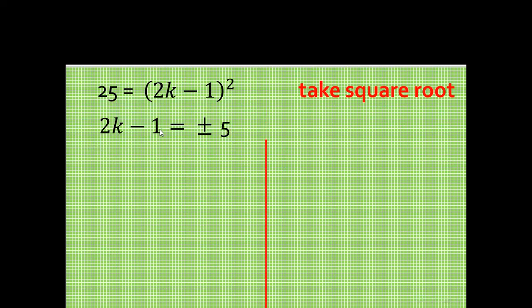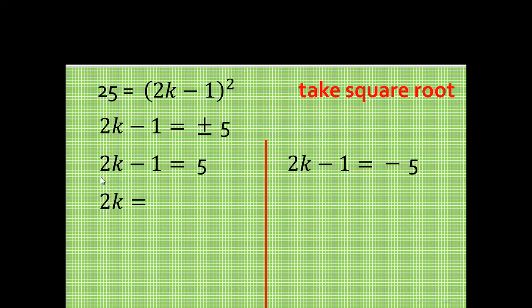So 2k minus 1 equals 5 or 2k minus 1 equals negative 5. Again, taking the square root of this bracket, the root cancels the power 2, then 2k minus 1 equals root 25 equals positive or negative 5.